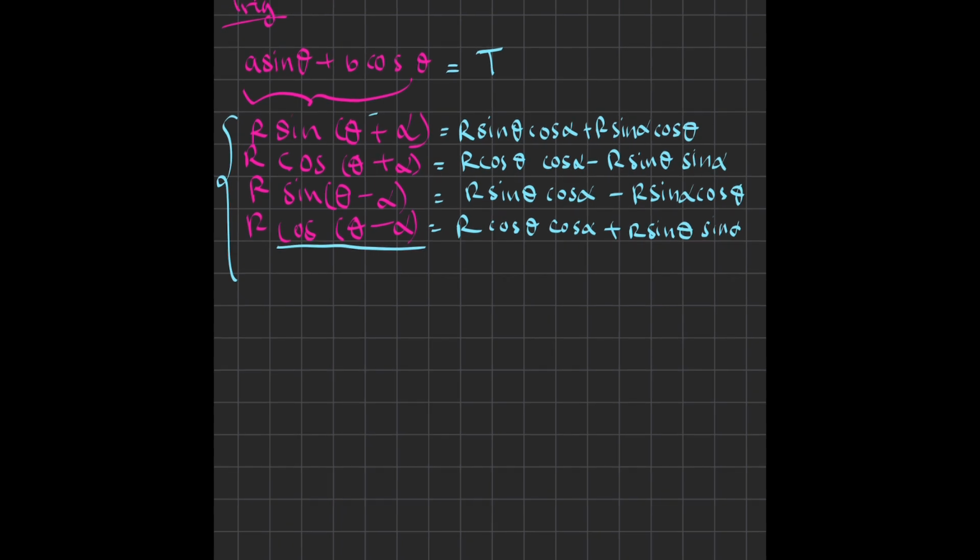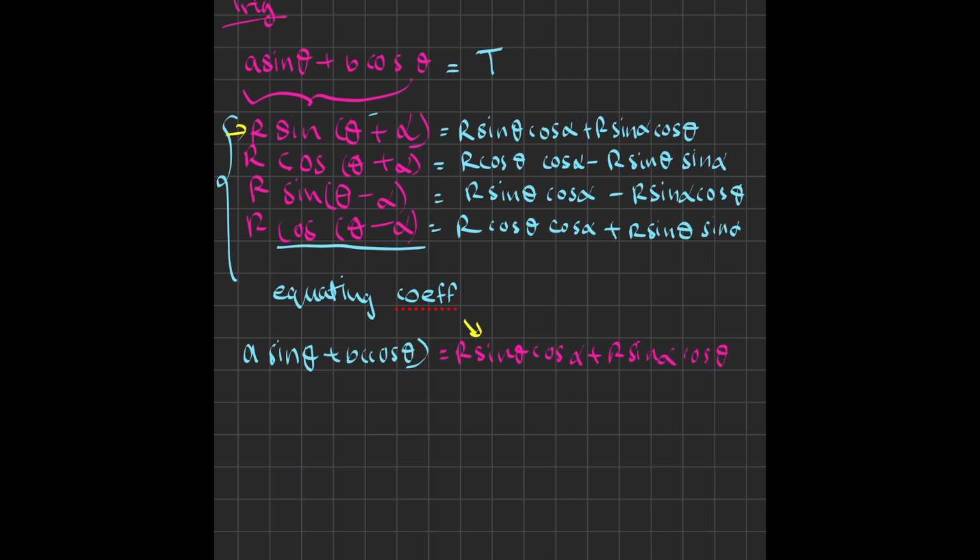Okay, so now we have this form, right? So we can do something we call equating coefficients. So if we want to, for example, write a sine theta plus b cos theta into this form, we can then write out r sine theta cos alpha plus r sine alpha cos theta here.